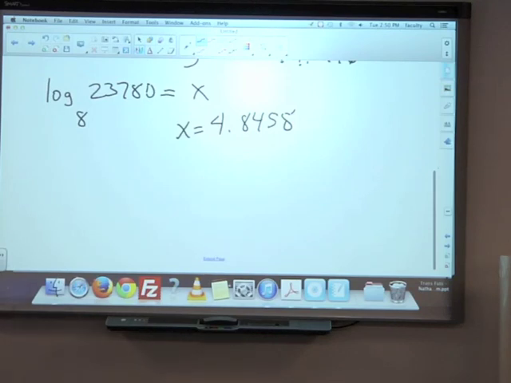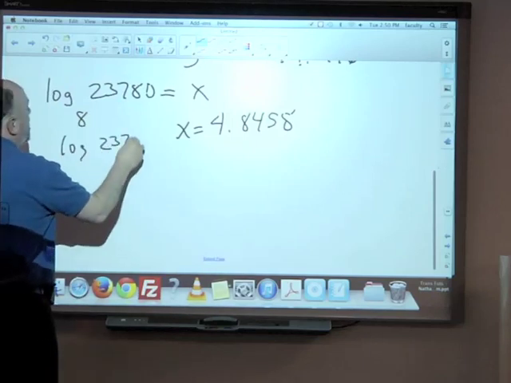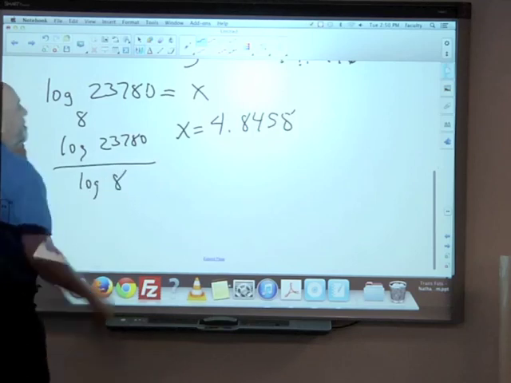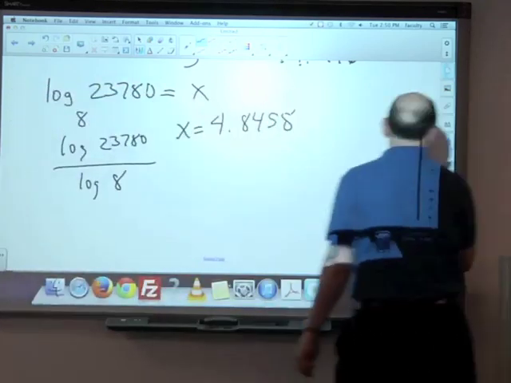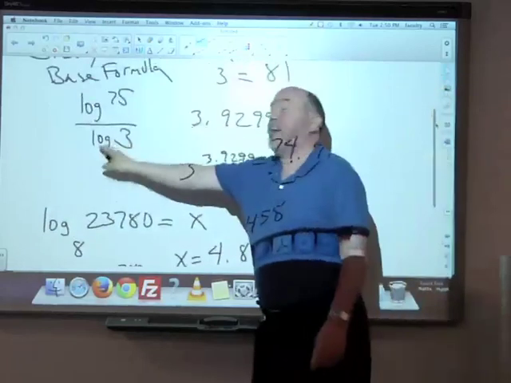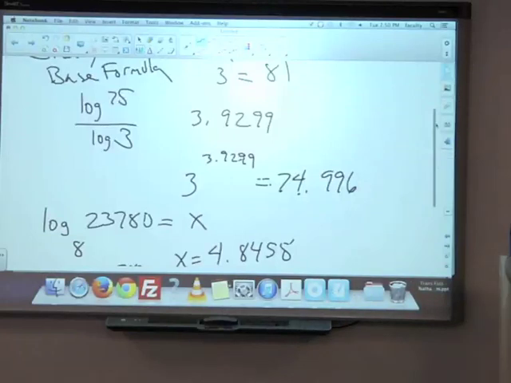So here we did the log of 23780 divided by the log of 8, which is 3.73. And up here, we did the log of 75 divided by the log of 3, 2.73, right? The last one is 4.84.